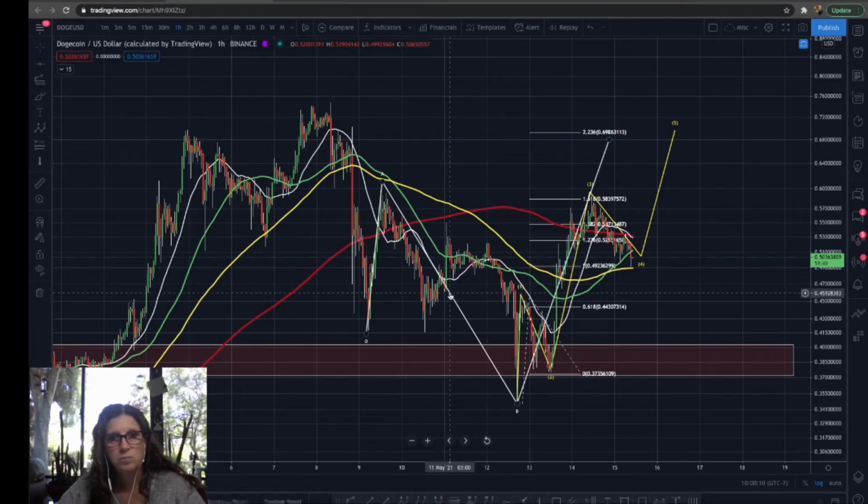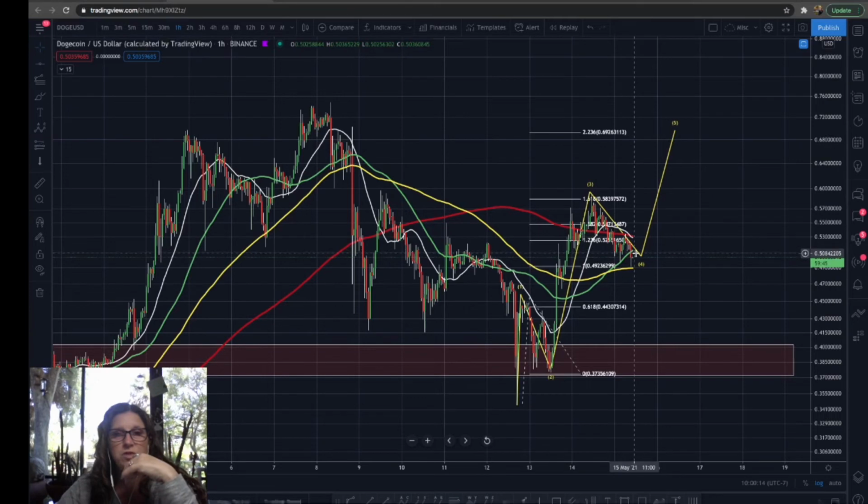It's got multiple options. Now, if we don't get this fifth to the upside, the bullish scenario of this breaking new highs and going, it gets invalidated. If this 4 comes into the 1, this going bullish gets invalidated. We need this fifth.